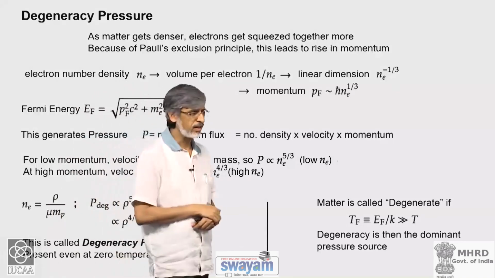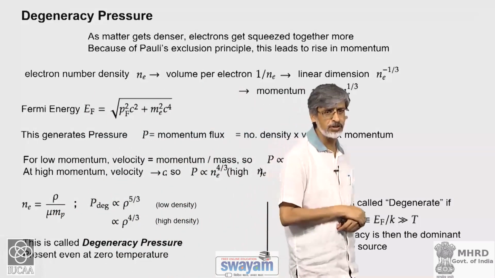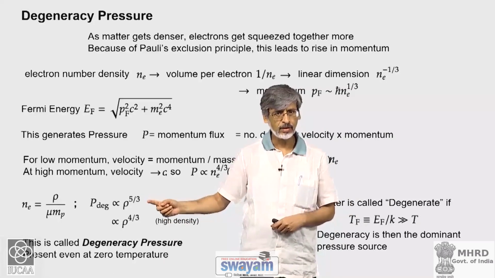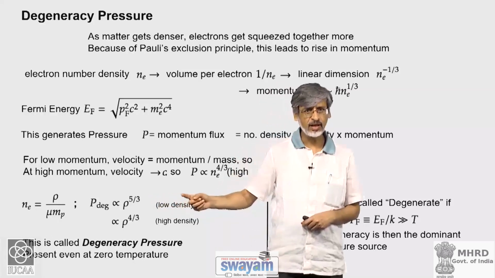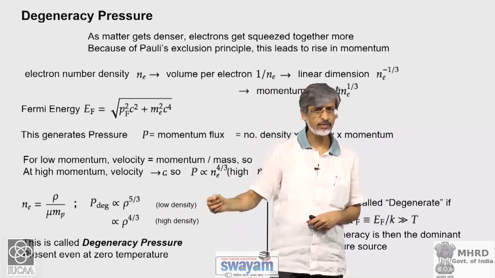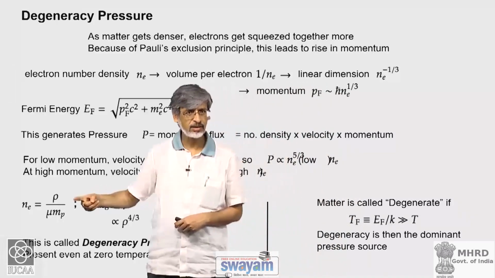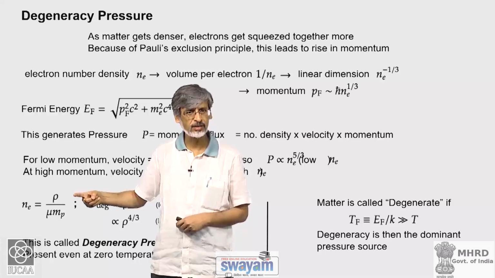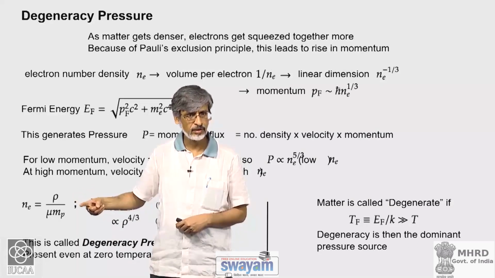The pressure that is generated by the electrons by virtue of being squeezed together can then be written as the mass density to the power of 5/3 at low density and mass density to the power 4/3 at high density, where mass density is related to the electron number density by counting the electrons, as mass density divided by a quantity mu e, which is called the mean molecular weight per electron, times m p.